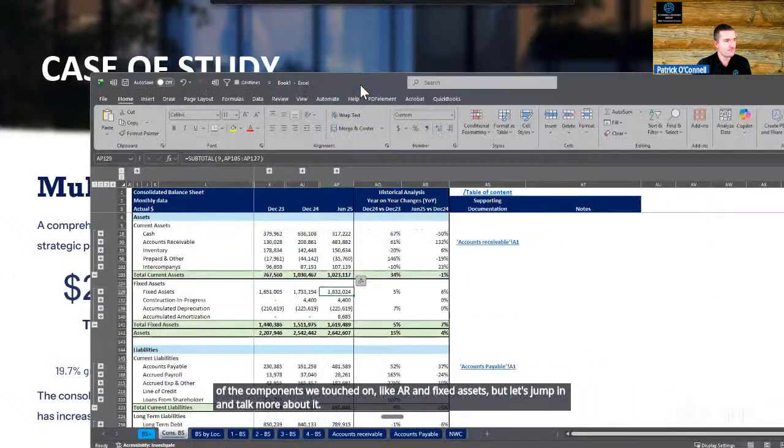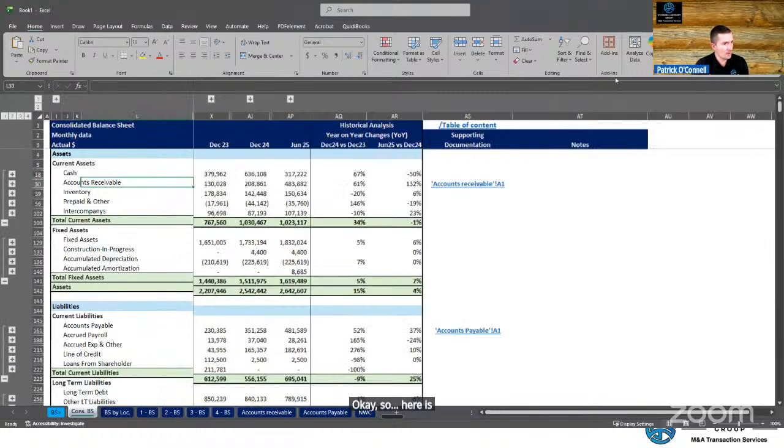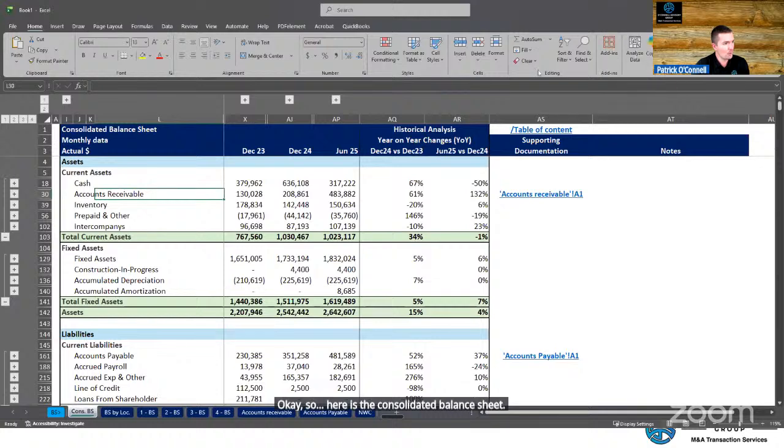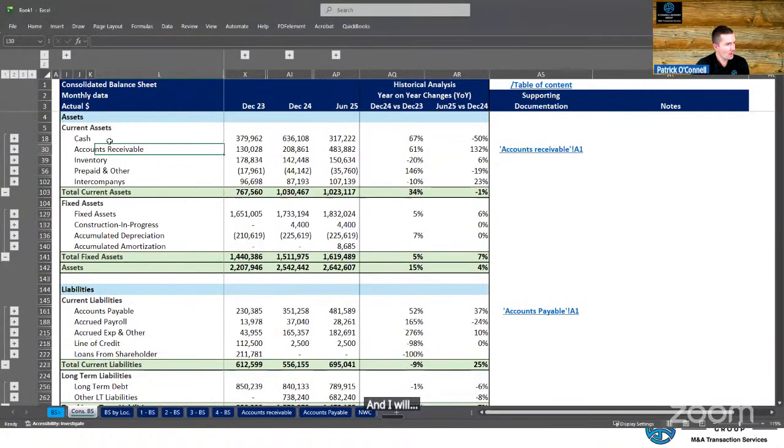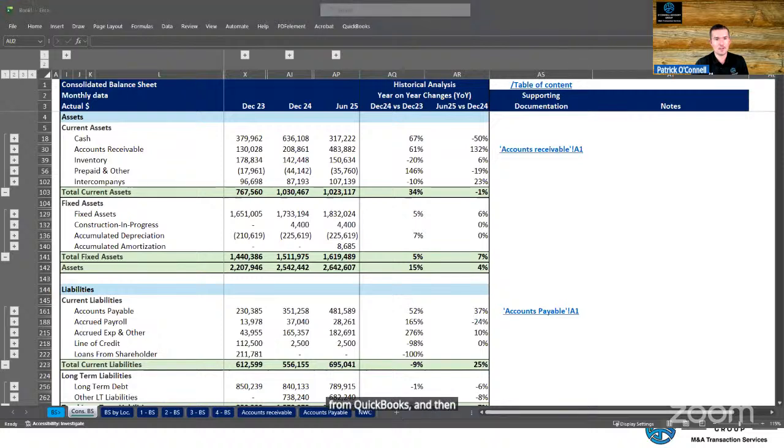Okay, so here is the consolidated balance sheet, and I will go ahead and collapse it so you can see it better. This report was run from QuickBooks and then consolidated based on the individual entities. So let's take a step back.